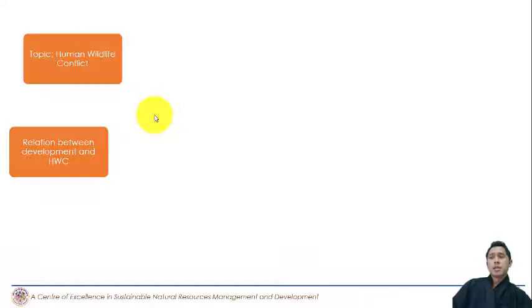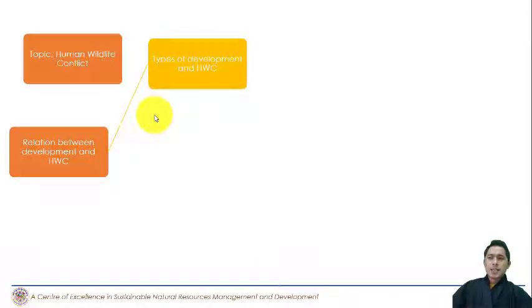We know that developmental activities have increased human wildlife conflict by many folds now. The kind of research problem that we design helps us to know what kind of instrument and what kind of research method we'll be using, and at last we would visualize the whole method.